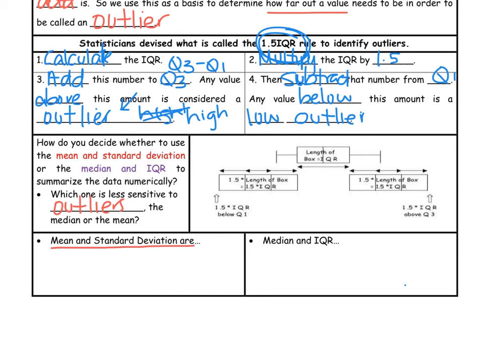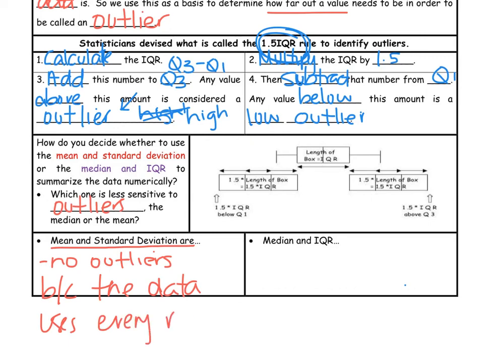We use the mean and standard deviation when there are no outliers, because their formulas take every value into account. The data to figure these out uses every value in the data set.